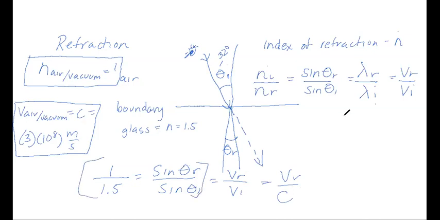Cross multiply and divide. So sine theta incident equals sine 32, sine 32 times 1 equals sine theta refracted times 1.5.